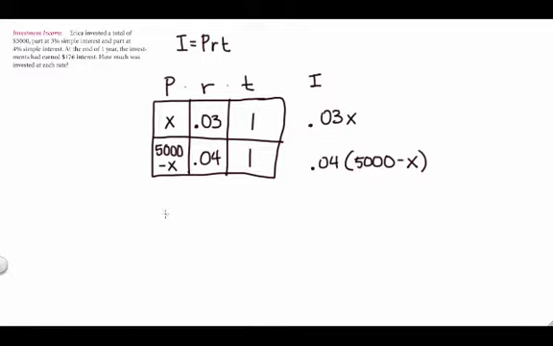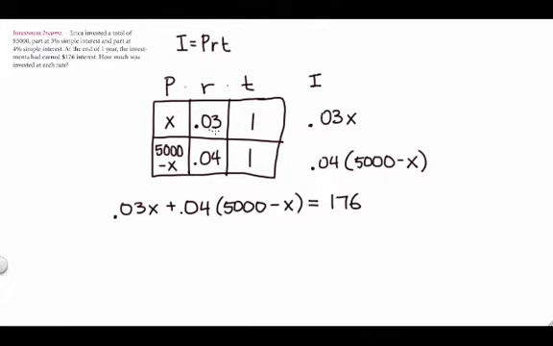For this problem, it said both of the investments earned, or in total, she earned $176 in interest. So because it's in total, I'm going to add these two. So 0.04 times 5,000 minus x. So in total, it is 176.